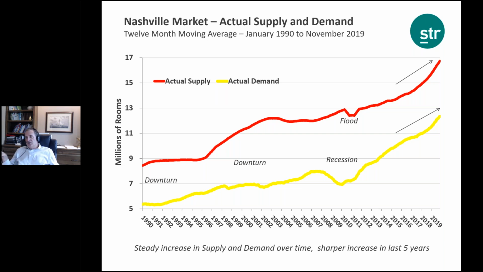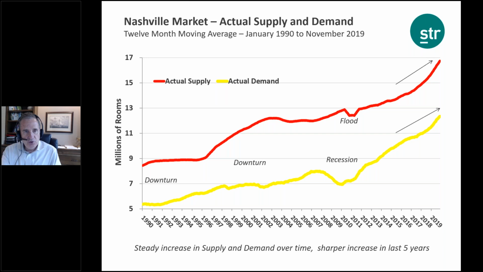And if you notice at the end of this time period, in the 2019-20 time period, you'll note that the supply, the red line, actually has a sharper increase, sharper slope than the yellow line. So that merely means more hotels are being built than new rooms being sold. And we'll see the evidence of that in just a second.